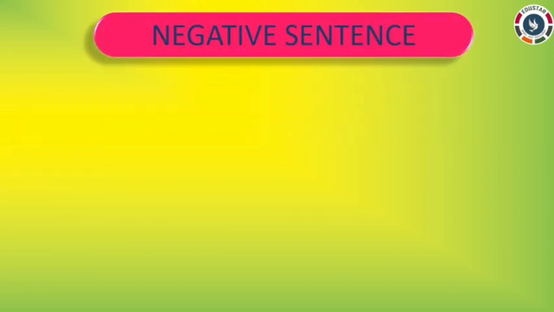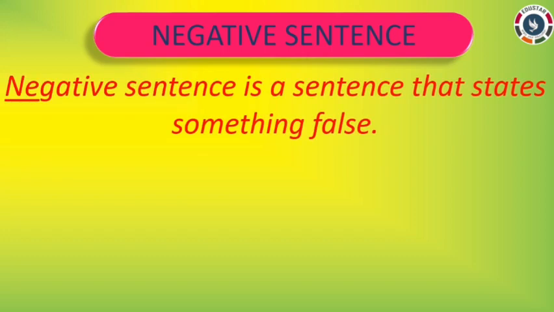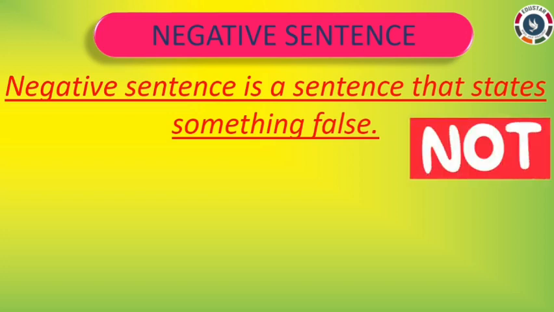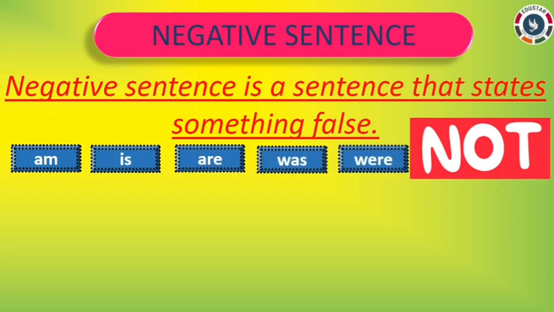Next is negative sentences. A negative sentence is a sentence that states that something is false. We form a negative sentence by adding not after the helping verbs am, is, are, was and were.